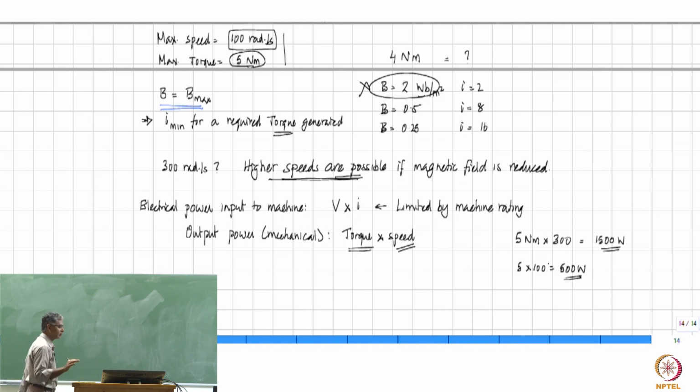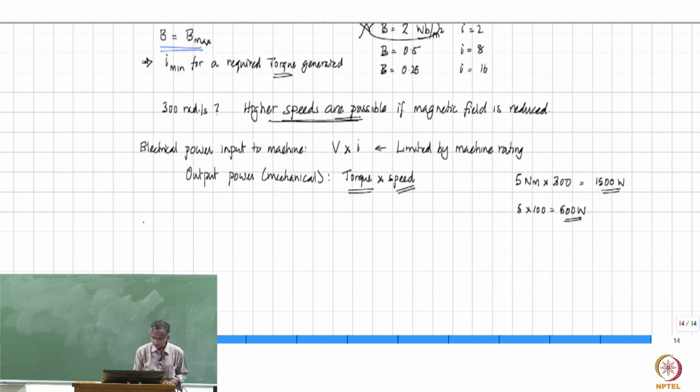So the only way to manage this, if you want to go to higher speed, is to derate the level of mechanical torque the machine can generate. Since the mechanical torque the machine generates should be equal to the load torque demanded by the load, it only means that if you want to go to higher speed, you must ensure that the load torque applied on the machine is reduced as the speed increases, right?